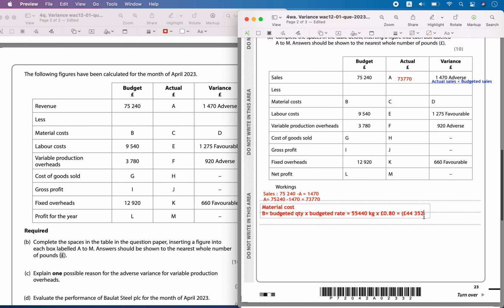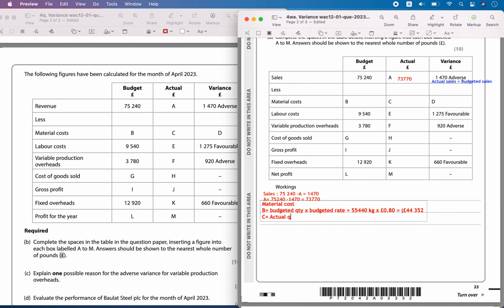Now the next one is C. Let's calculate C. C is equal to the actual quantity utilized times the actual rate at which it was purchased.